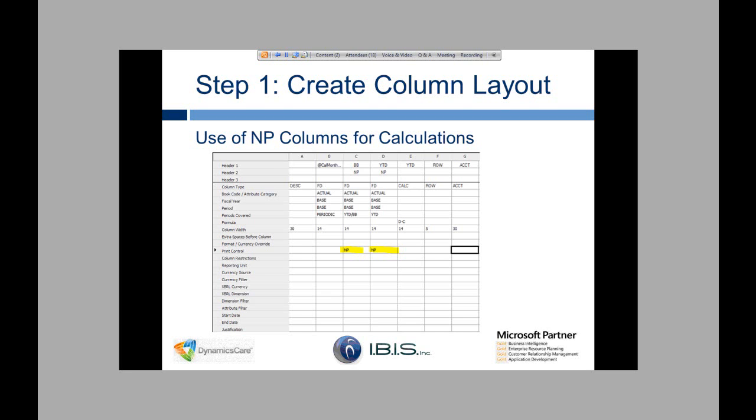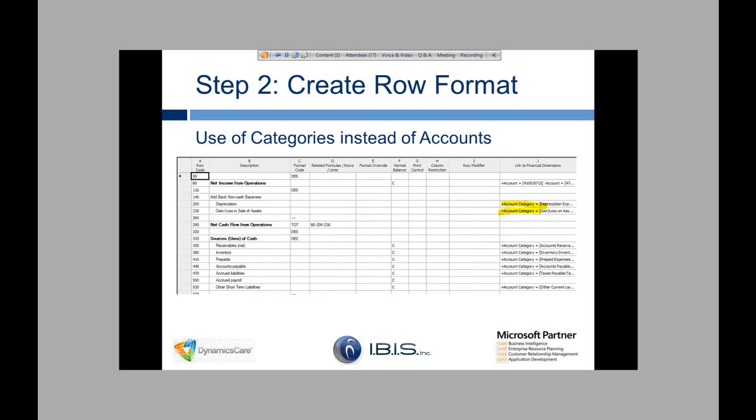Columns are important in statement of cash flows, so we're going to start with that. Then we're going to go over to the row format, and we're going to use the account category dimension instead of the accounts themselves in the linking. We find that a lot of people don't do this, and it requires you to maintain your account categories in GP, but that's a very simple thing to do.